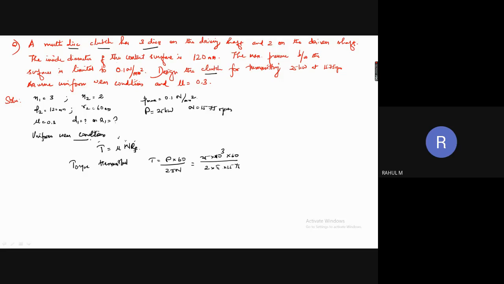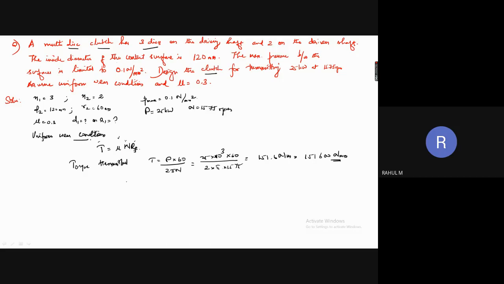Upon solving this, you will get the value as 151.6 Newton meter, which is equal to 151600 Newton millimeter.